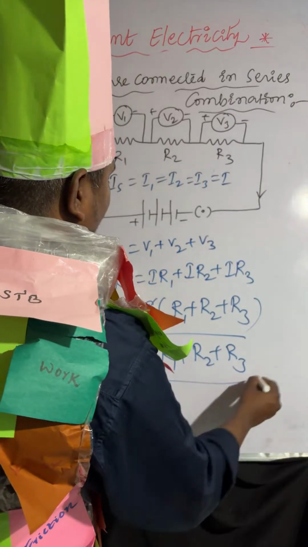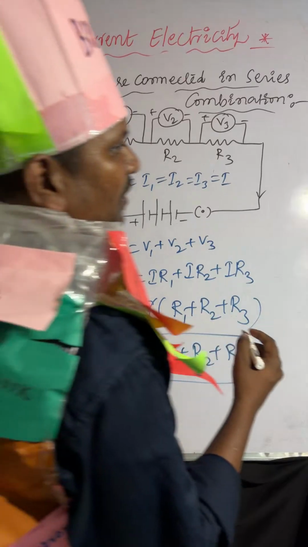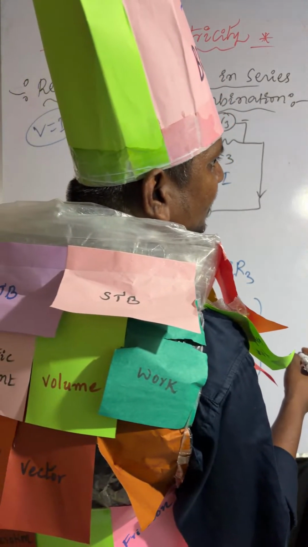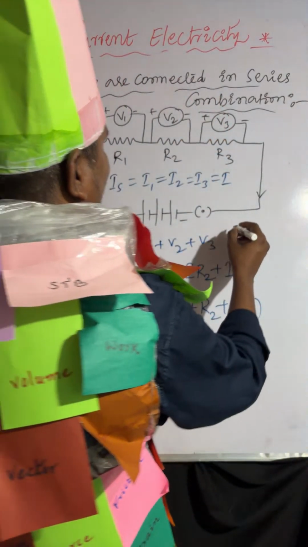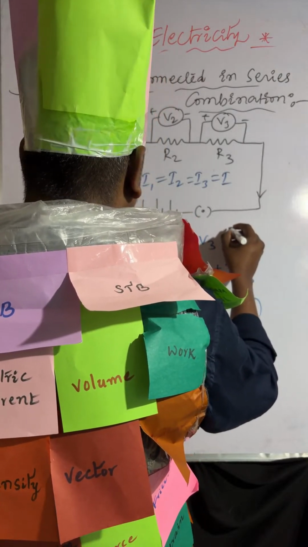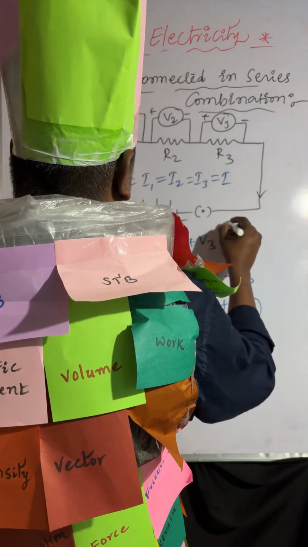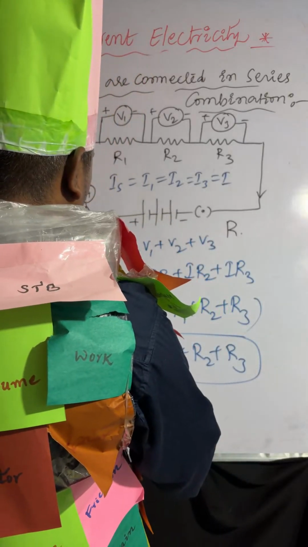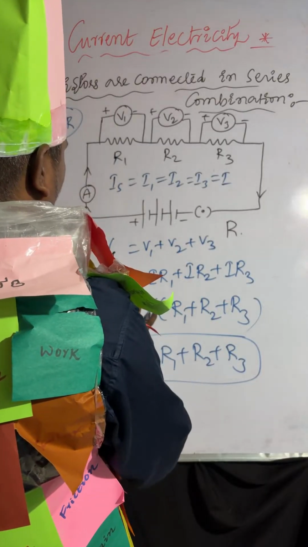If n number of resistors are connected in series combination, this is Rs, the equivalent resistance. These are in series.